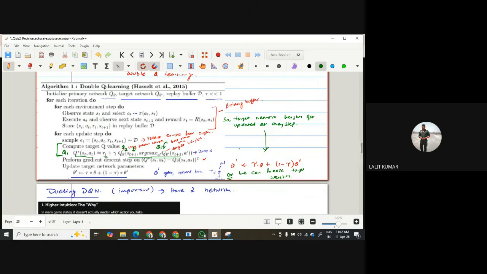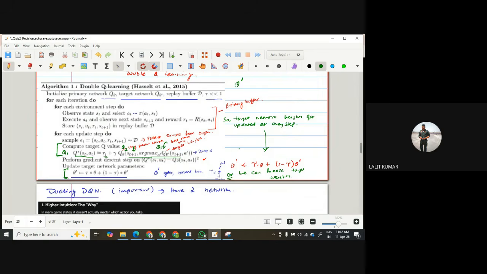This is an important formula. We can update the target network parameters. Either we freeze them or we can update them at every step. So we can update the target parameters as theta prime equals tau times theta plus 1 minus tau times theta prime. So this is an important formula.